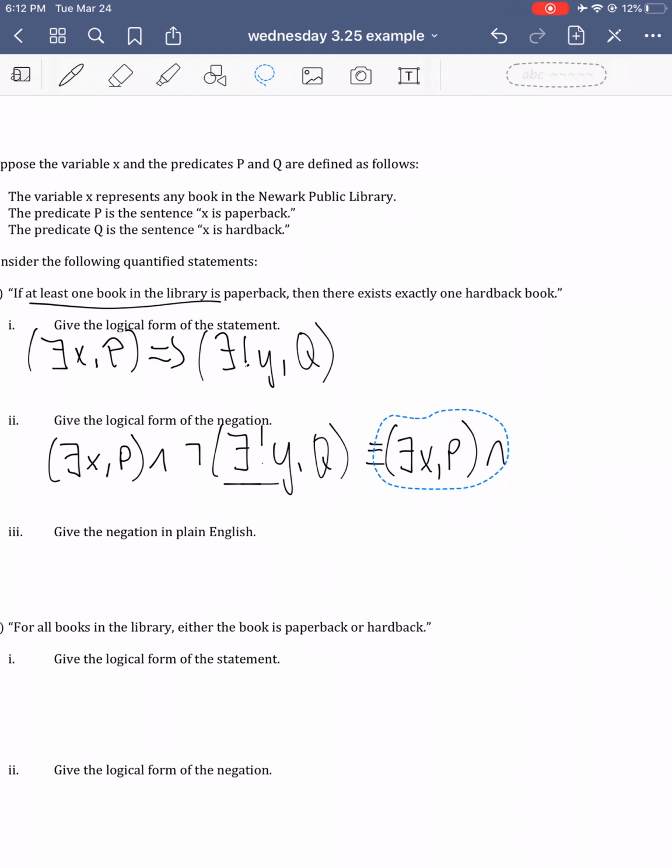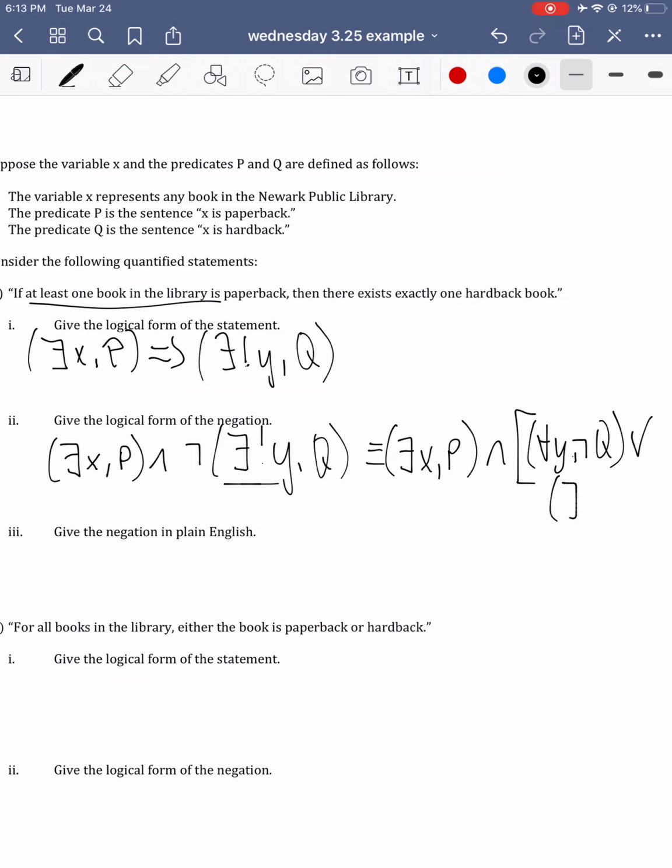Let me move this over so that we aren't saying the wrong thing. I'm going to have a set of large parentheses or even a bracket here, and let's put another set of parentheses. So our first statement would be for all Y, not Q. And then that's our first, and then this is an or statement.